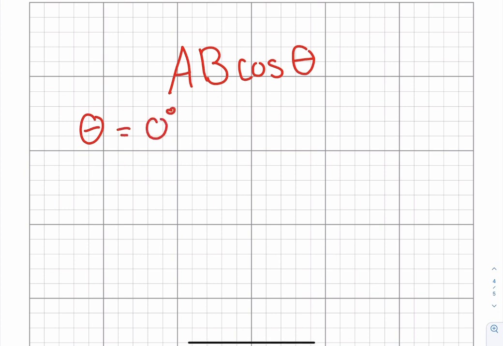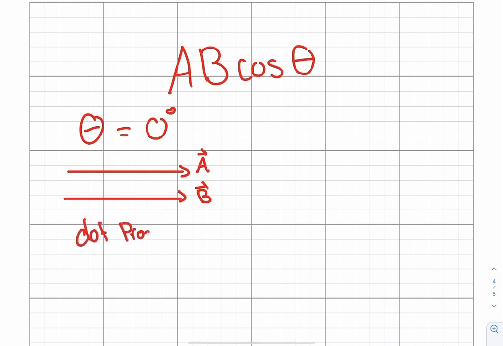What does that mean? Well, it means that vector a and vector b are actually parallel. Since cosine 0 degrees is 1, we can write the dot product as being simply ab.